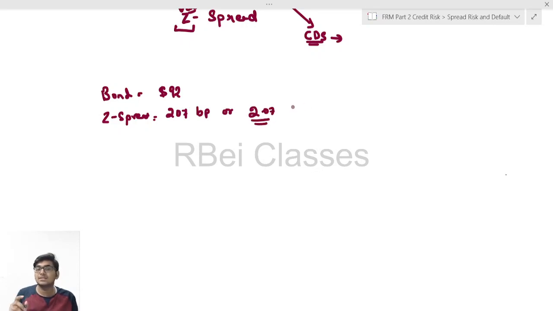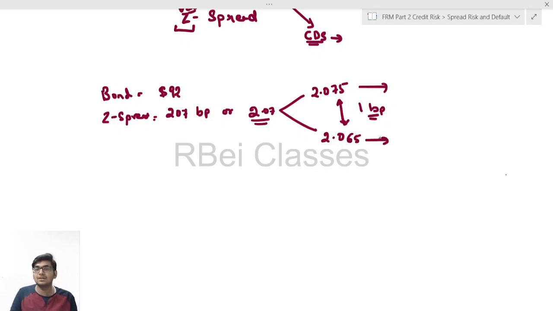So you change only 1 basis point, which means you make it 2.075 and 2.065. Now you can see that the difference is only 1 basis point. With these two Z spreads, you will calculate the price of the bond.